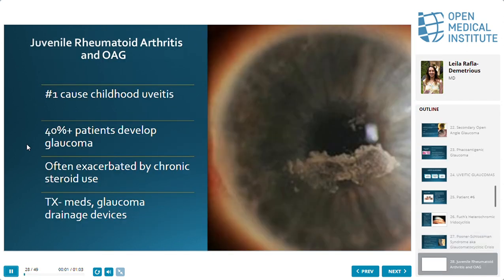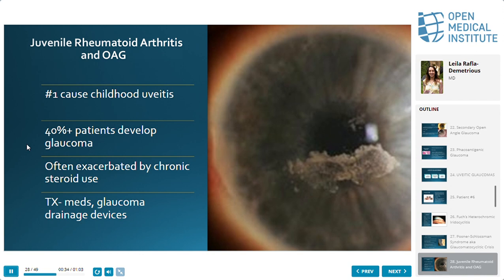Lastly, in the uveitic glaucomas, we'll just talk a little bit about JRA, or juvenile rheumatoid arthritis, which is the number one cause of childhood uveitis, and many patients do develop glaucoma. The problem with juvenile rheumatoid arthritis and their uveitis is that these eyes don't tend to be super inflamed, and it can actually be missed because these are mostly younger kids and they're not necessarily complaining. So these young people do need to be followed carefully to make sure they're not developing secondary glaucoma.